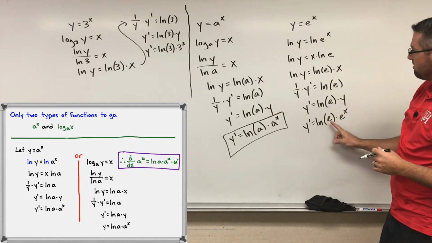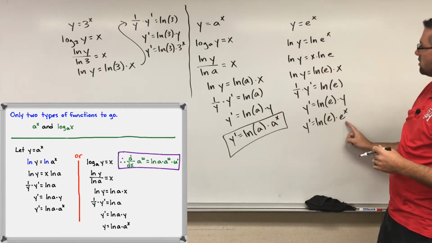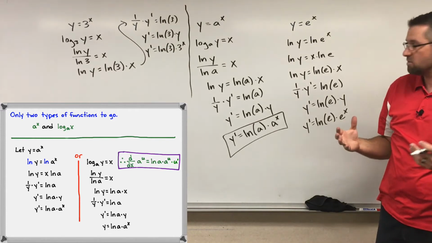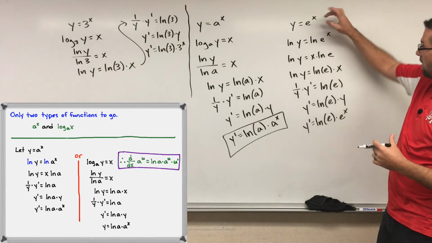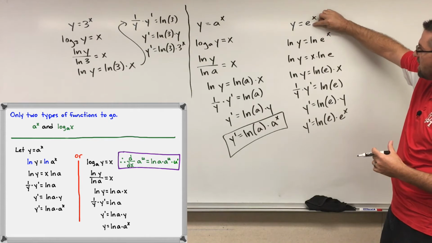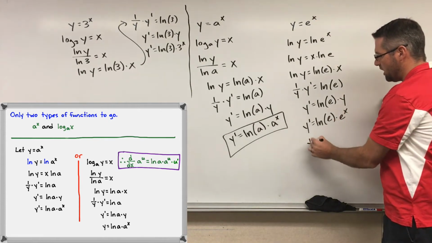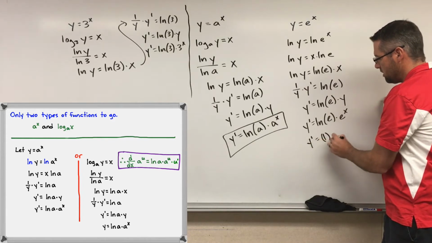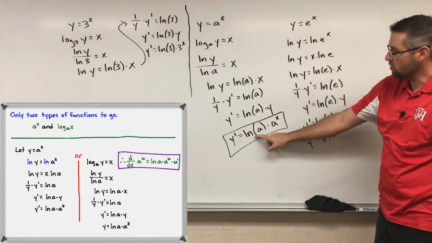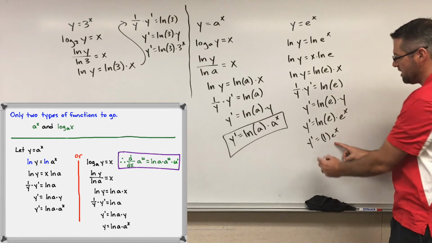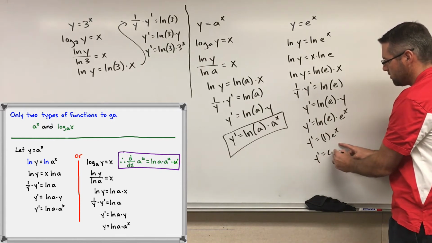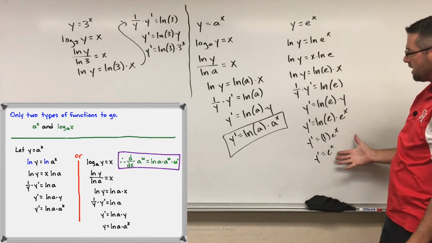It's natural log of the base times the function. The unique thing about exponential functions with a base of e is that the natural log of e is just 1. That doesn't simplify over here or over there, but it does simplify here. And that's why we came up with, well, the derivative of e to the x is just e to the x.